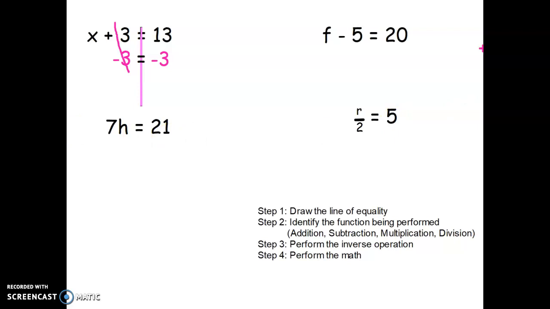So x has achieved what it wants. It's isolated. It's all by itself because it's pretty selfish and it doesn't like hanging out with other people. It just wants to be alone. If I do the math here on the right, 13 minus 3 is also 10. So now we've figured out that same problem that we had on the last page.